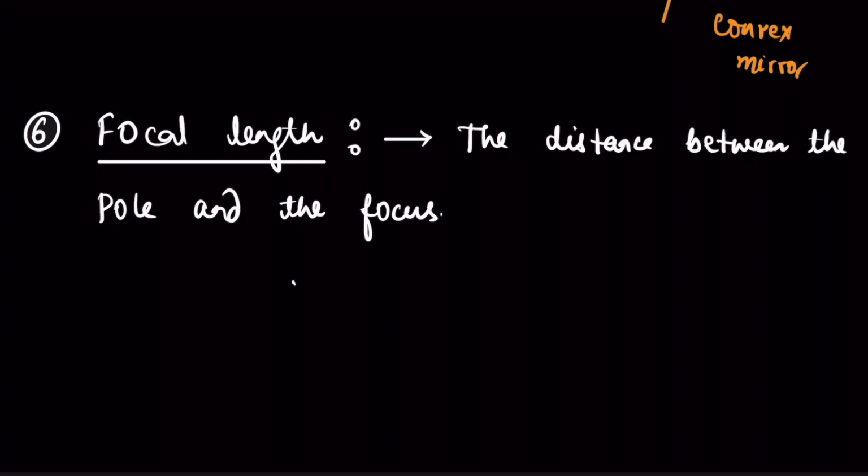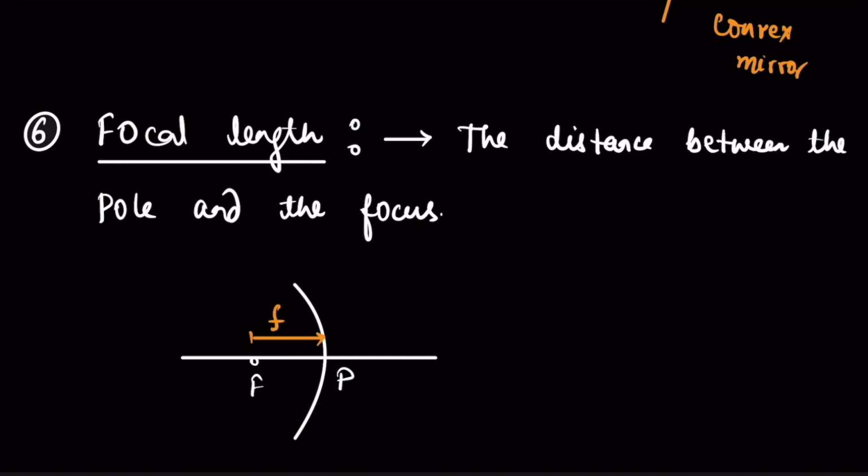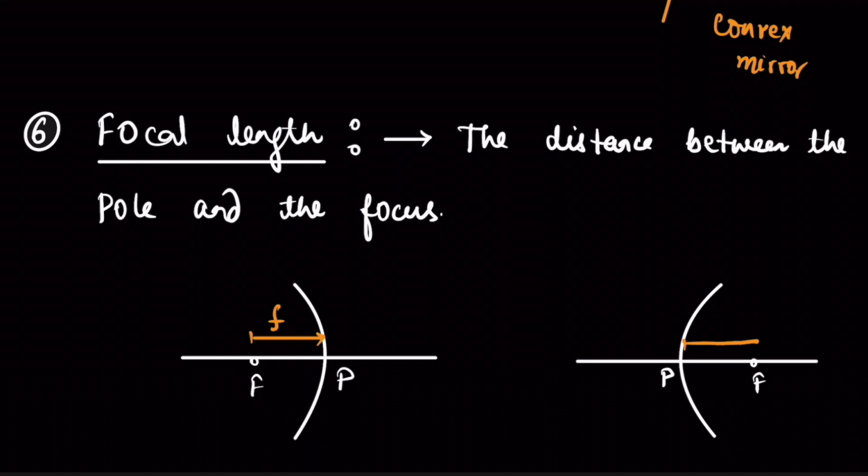So here for concave mirror, if this is the pole, suppose this is the focus. The distance between pole and the focus is represented as focal length, and it is the small f. Similarly, for the convex mirror, this is the pole, this is the focus, and the distance between pole and the focus is focal length, small f.